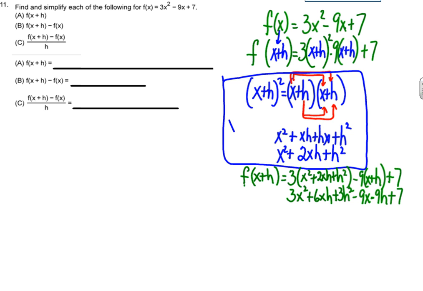We want to look at this and see if we can simplify. So let's see if we can simplify this. Not right now. Everything's different. Notice. Everything's different.